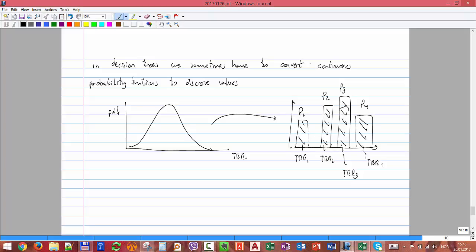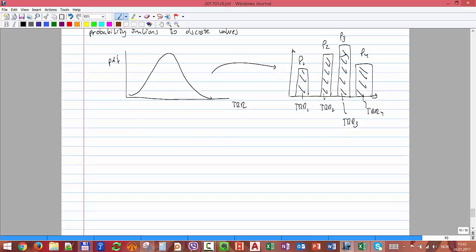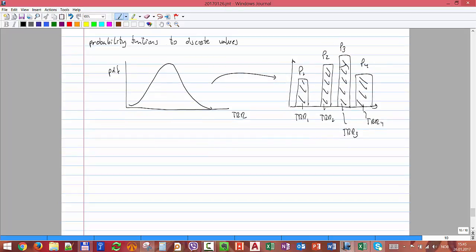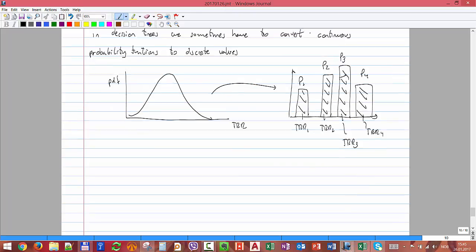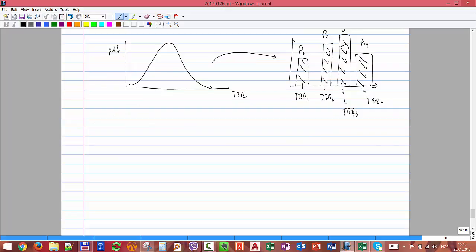No? What we have to do is discretize. One way to do it is the following.